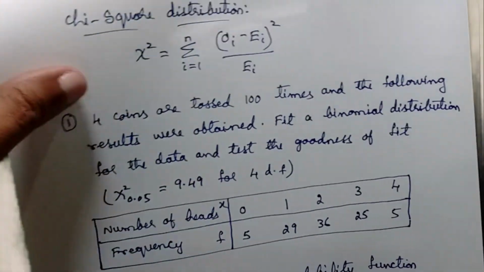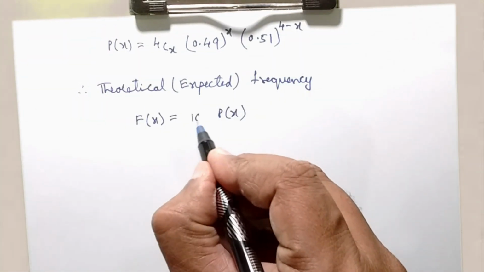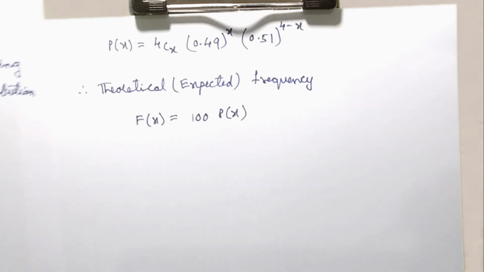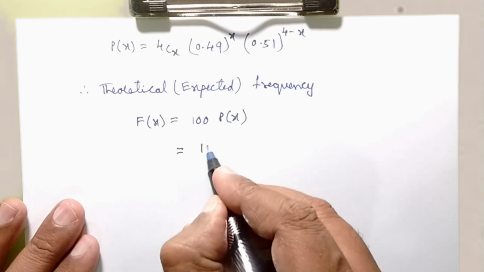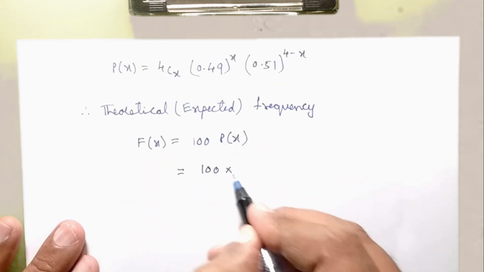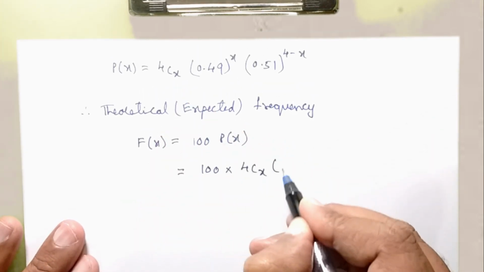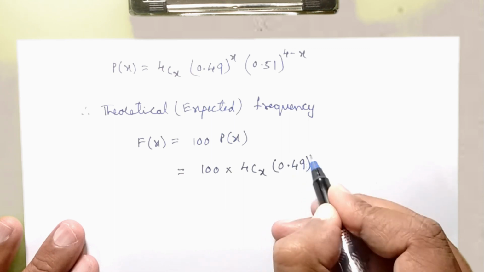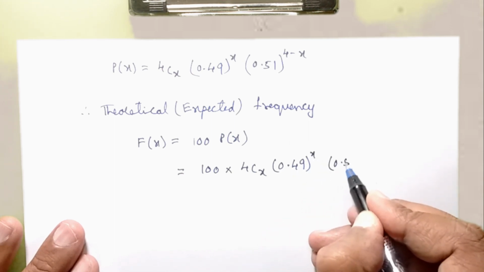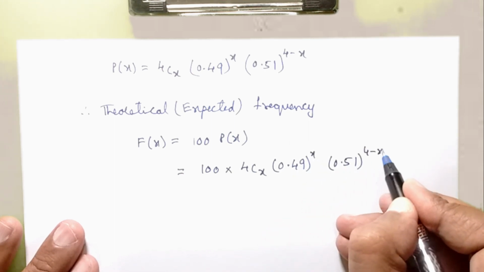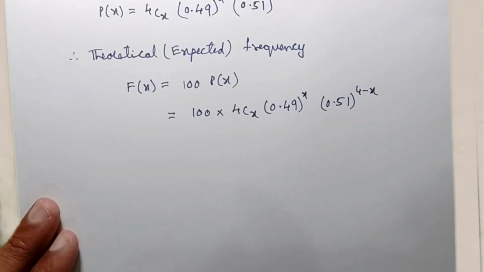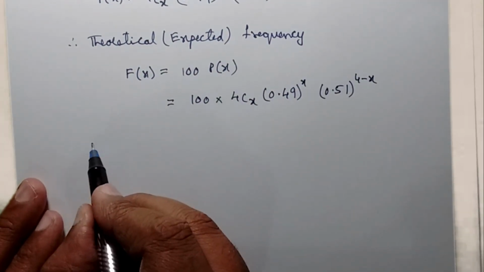So you got the total to be 100 now. So we will be getting 100 times P of X. The P of X value is known over here. It is 4Cx, 0.49 to the power of X, 0.51 to the power of 4 minus X. But the values of X are known.